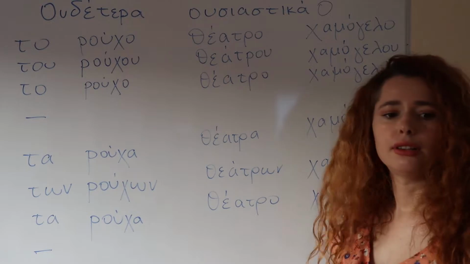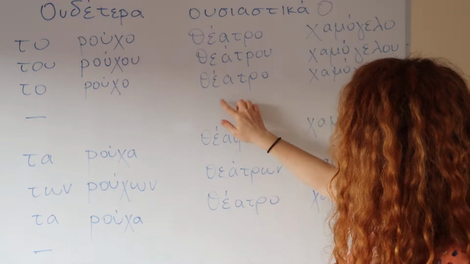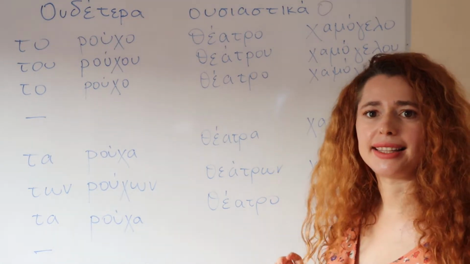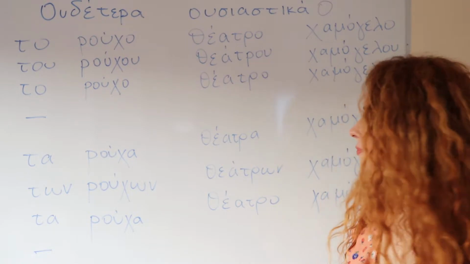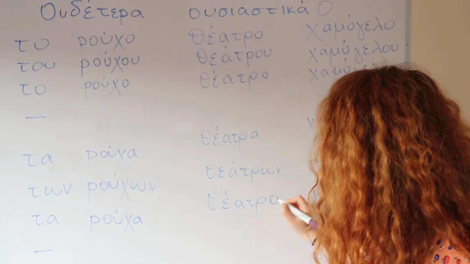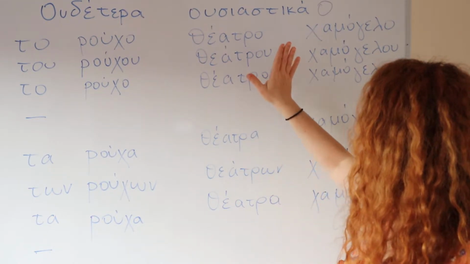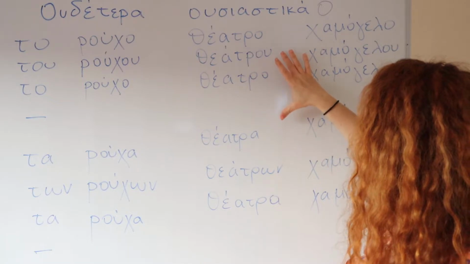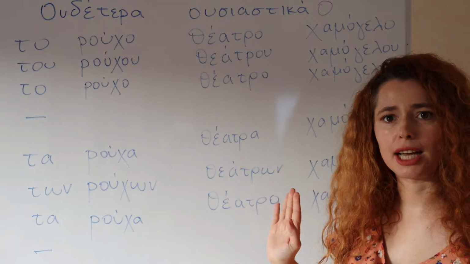Το θέατρο, when the theater is an object, the accent goes back. Τα θέατρα, the theaters. Των θεάτρων, the accent drops again. Τα θέατρα, the theaters, when they're an object. The only time the accent changes is in possessive, singular and plural, and it drops one syllable down.